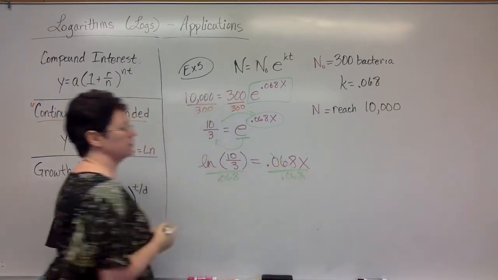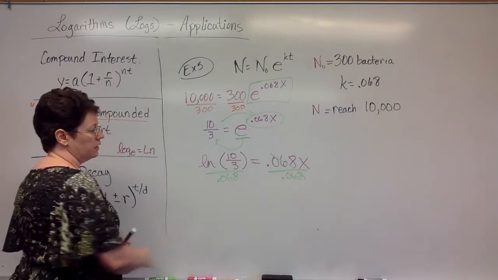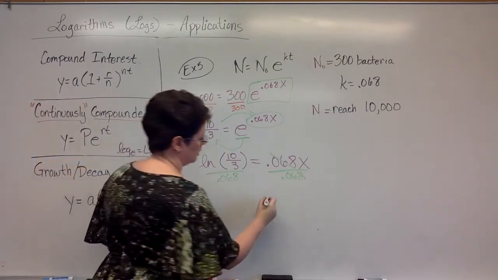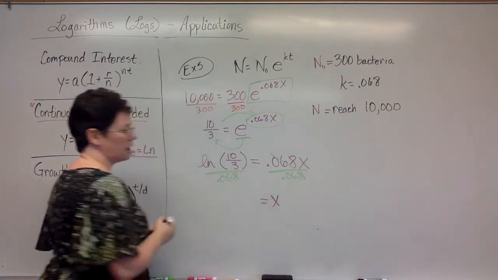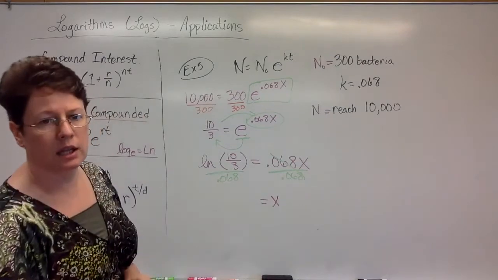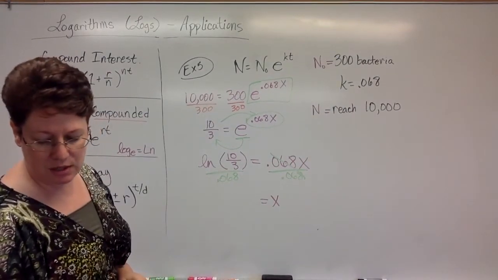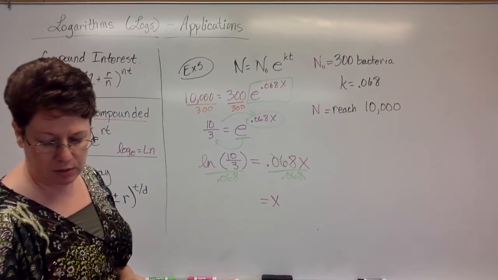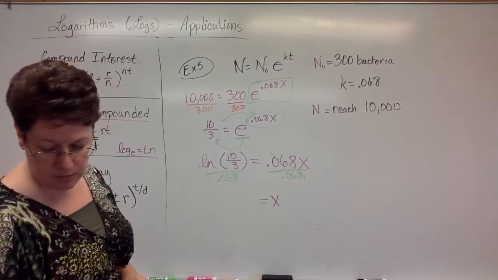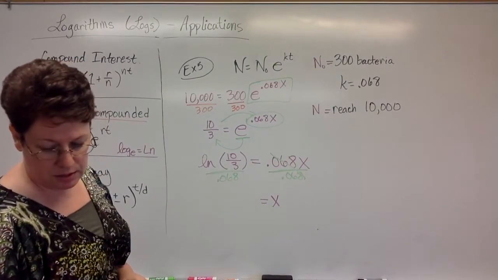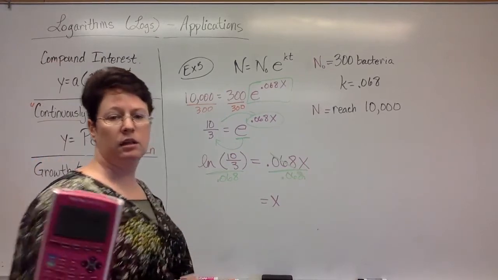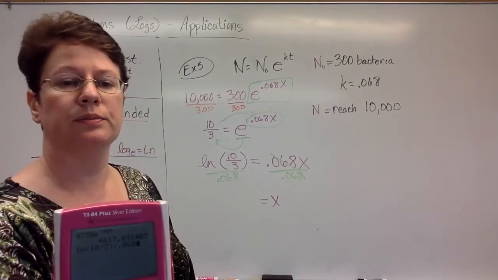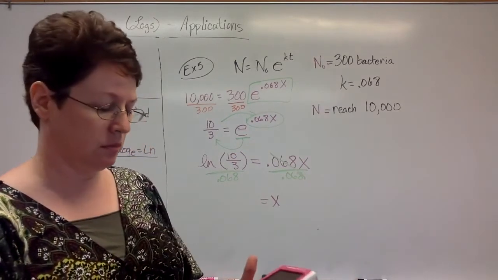So it's going to cancel over here, leaving my x by itself. And on this side, yeah, we just got to plug that in the calculator. What's the only trick? Remember your parentheses, right? So I got ln 10 divided by 3, parentheses, divided by 0.068. See? Plug it all in at once. There we go. Hit enter.